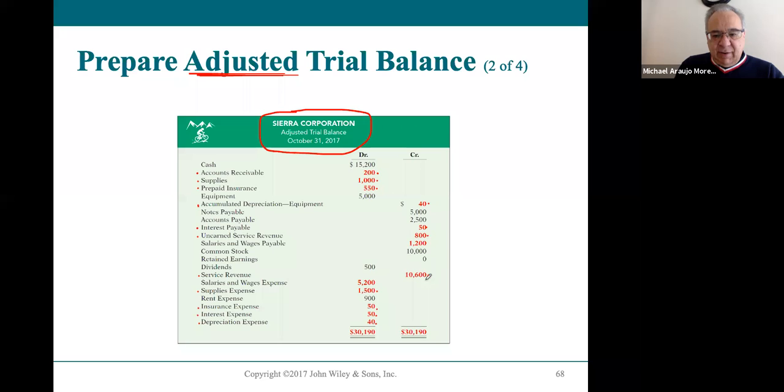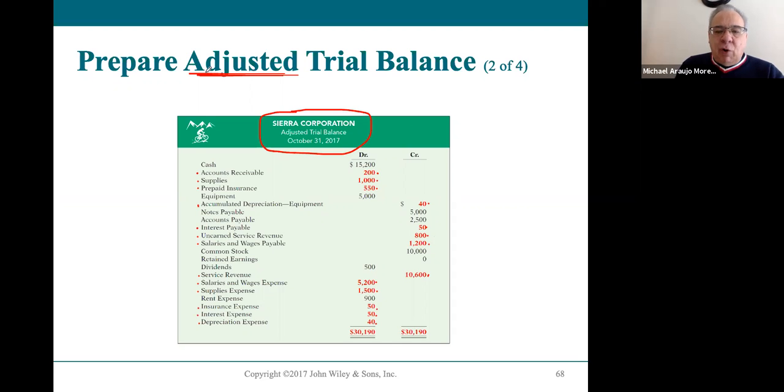So again, those accounts are part of the adjustment process, and that's why those balances are affected and are colored red. The salaries and wages payable account is affected. It's changed to red. Why? Because we had adjustments to salaries and wages expense. Salaries and wages expense debit, salaries and wages payable credit was an accrued expense.